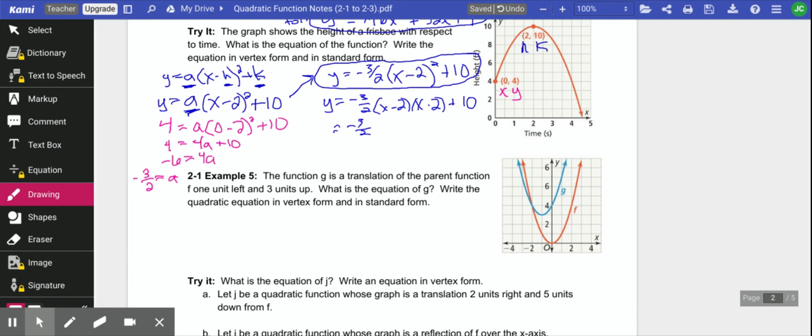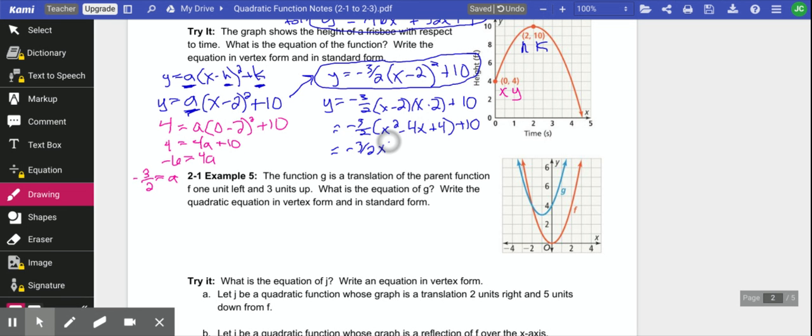Now sometimes I do a few steps in my head. If you can do that, that's totally fine. x times x is x squared. And then I'm going to get minus 2x minus 2x, will be minus 4x, and then plus 4. If you need to write all the steps out, please go ahead and do that. I'm just a little short on space. Now I'm going to distribute that negative 3 halves.